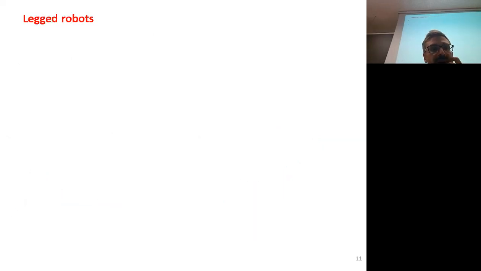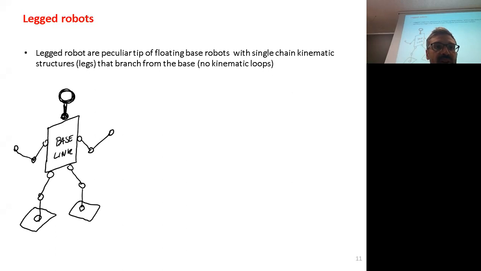Okay, so the specific case of legged robots are peculiar types of floating base robot, where we have single kinematic chain structures, like the legs, that branch out from the base. We don't have any kinematic loop, so nothing like this.